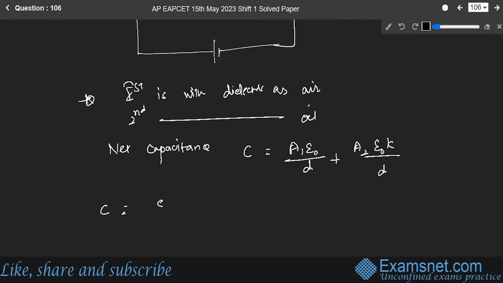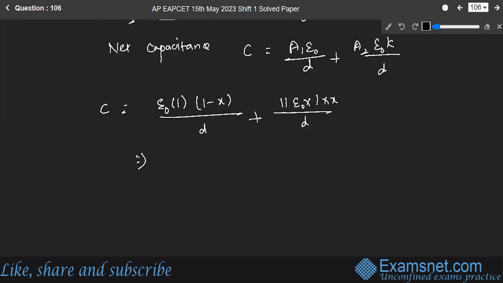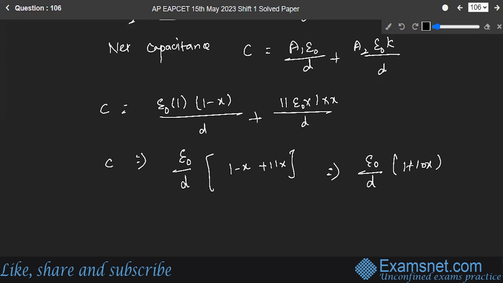Or C is equal to epsilon naught into 1 into (1 minus x) upon d plus 11 epsilon naught into 1 into x upon d. Taking this common, you have 1 minus x plus 11x. So this gives epsilon naught upon d into (1 plus 10x). This is equal to your net capacitance. Now the charge is given by Q.